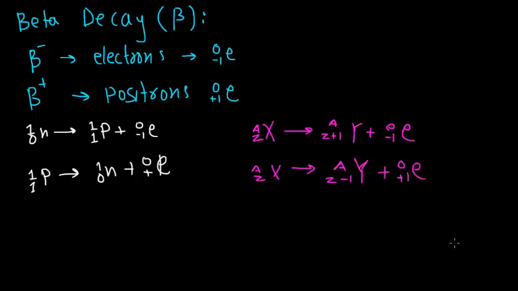Beta decay occurs in atoms that have too few neutrons in comparison with their number of protons. We know that the mass of an electron is approximately 2,000 times less than that of a proton. So according to the law of conservation of momentum, the recoil velocity of the daughter nucleus would practically be 0.